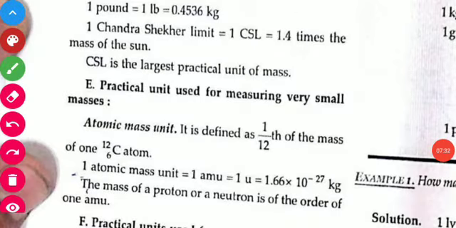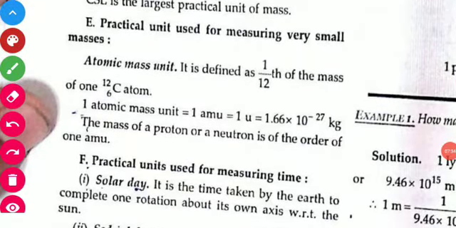After that, we have the practical unit of very small masses. We have only one unit for very small masses. This unit is used for measuring the mass of very small particles like neutron, proton, electron. So we measure the mass of very small particles in terms of the atomic mass unit.